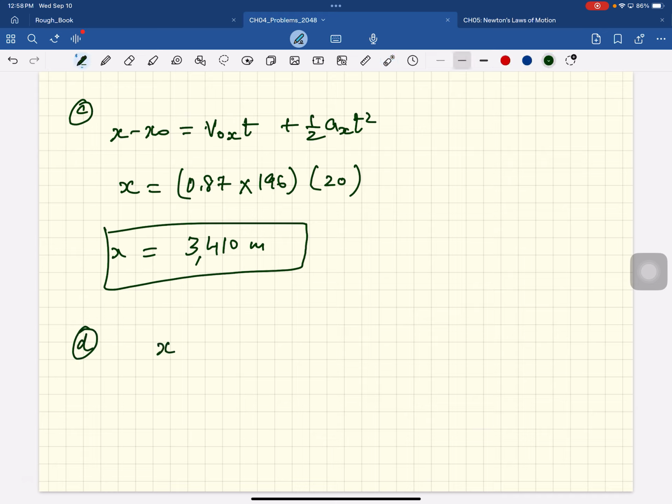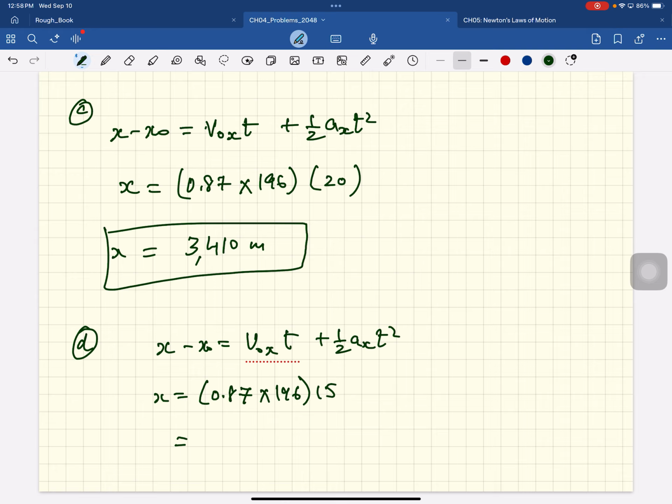So x minus x naught: x is 0.87 times 196, calculated at 15 seconds, so that's the x coordinate of your position at that time.